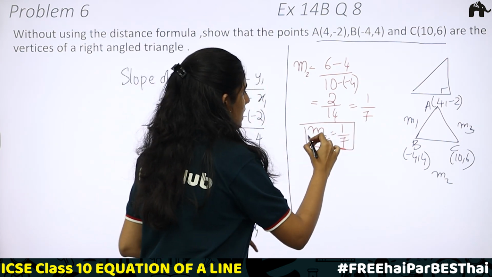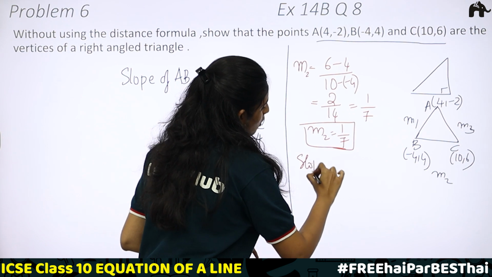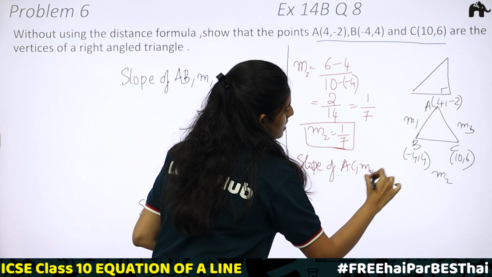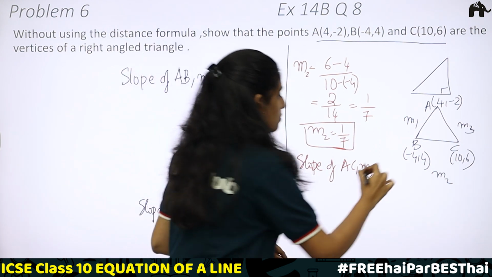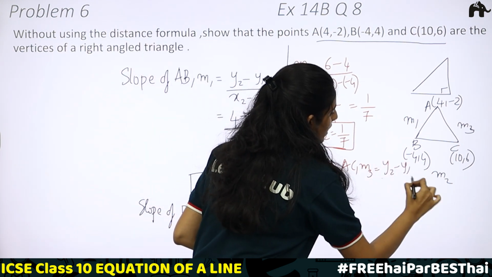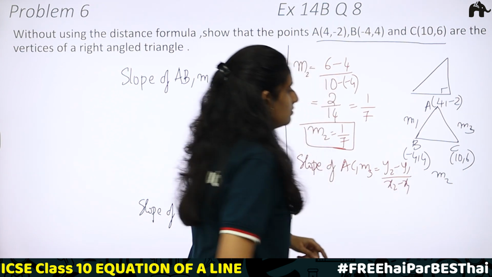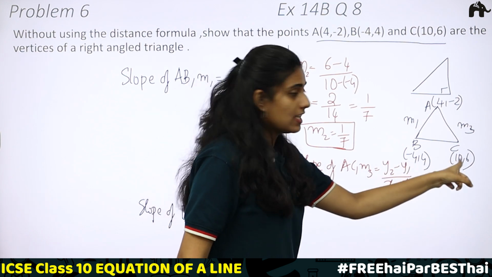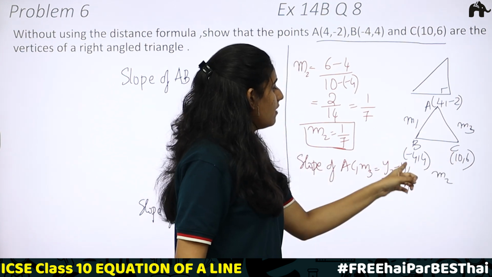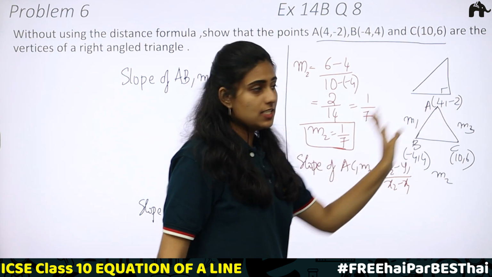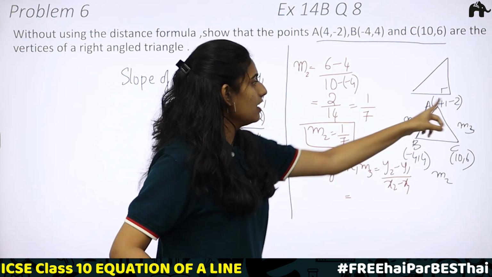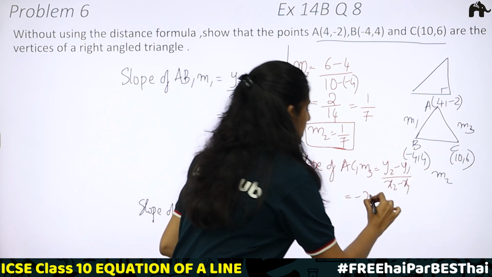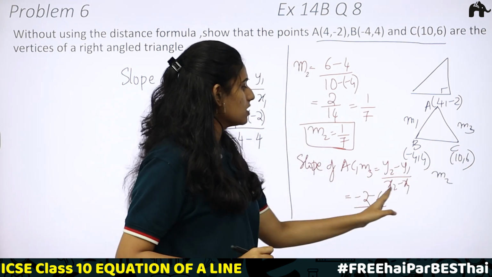Next, we need M3, that is slope of AC. M3 is equal to, again, y2 minus y1 divided by x2 minus x1. Here I am taking x1, y1 as this point C and x2, y2 as this point A. Putting the values, here we have minus 2 as y2, y1 is 6. Minus 6 divided by x2 minus x1.